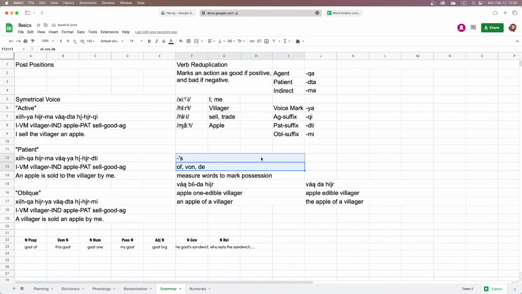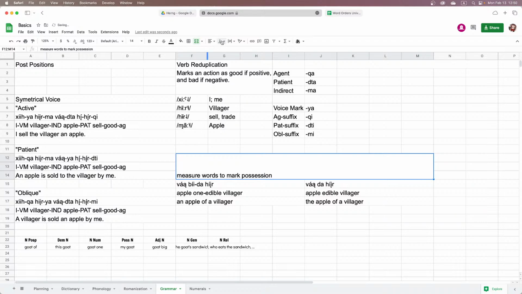So, measure words to mark possession. If anyone can think of any, feel free to tell me.